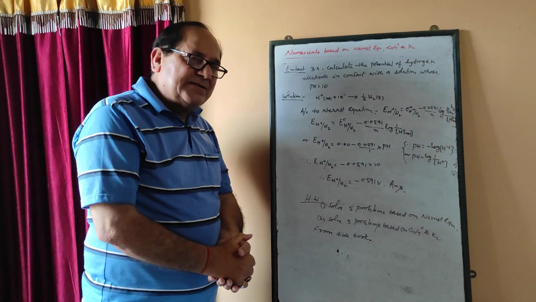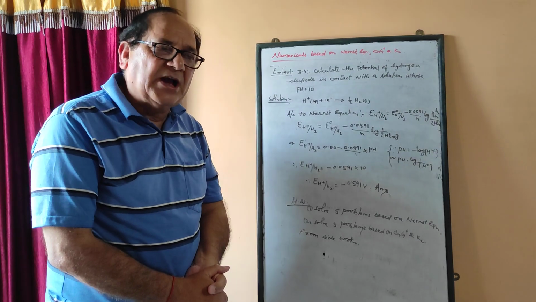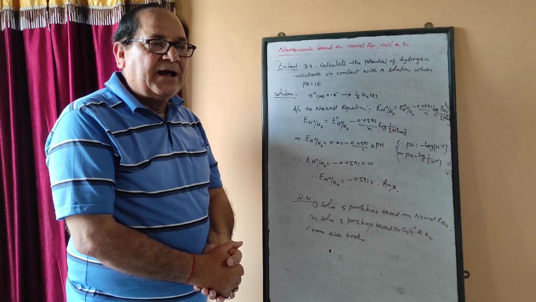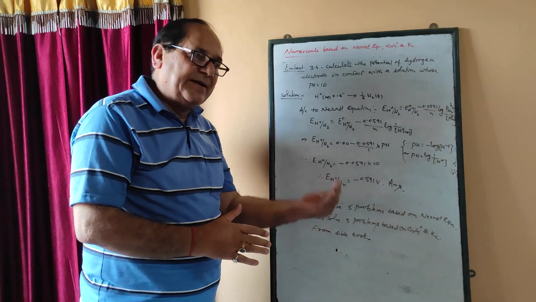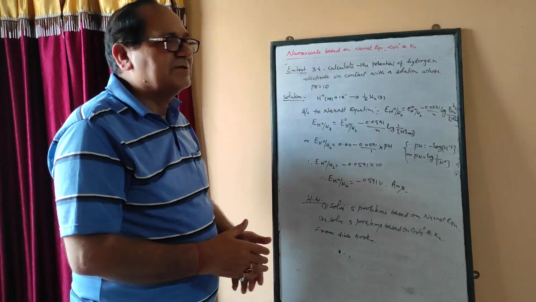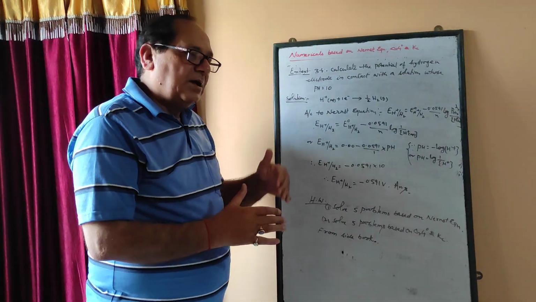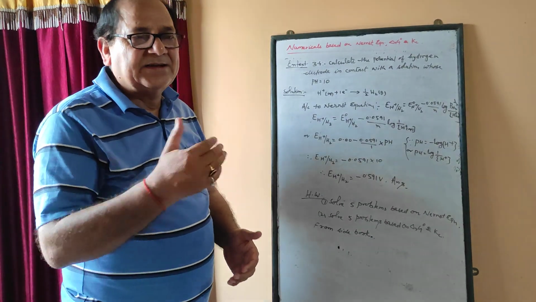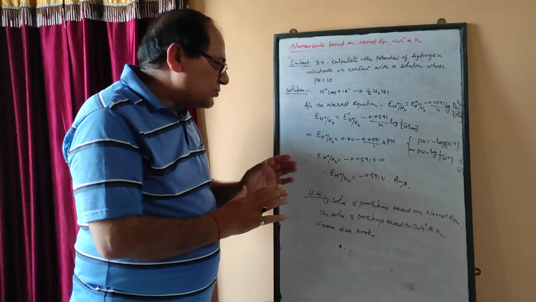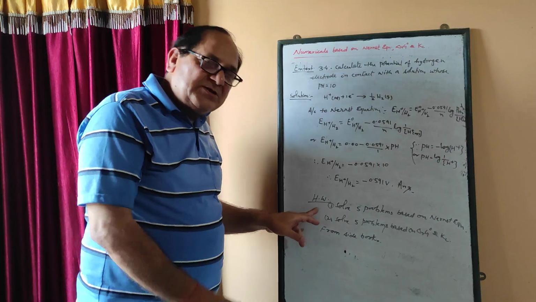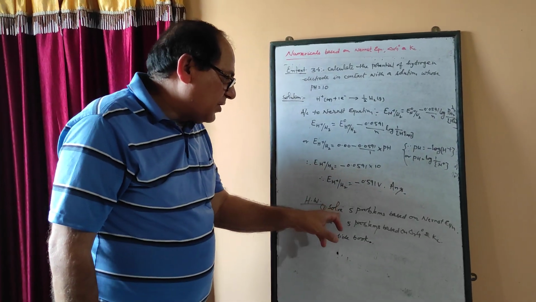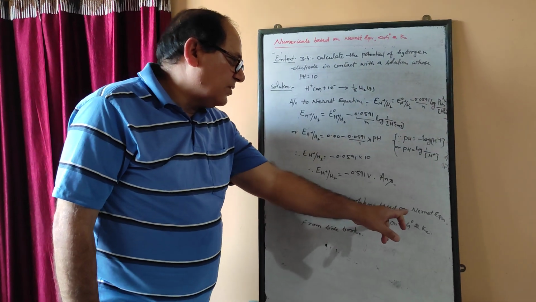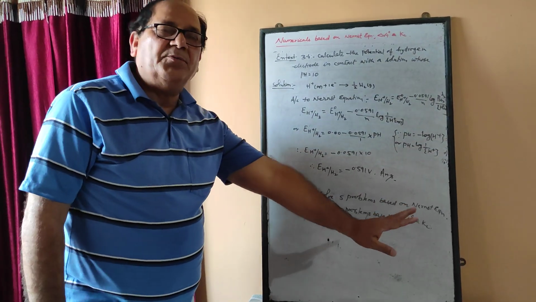In the previous class, I had given you an assignment, homework, as all the NCERT problems. In text questions, already 2 questions have been solved here, in text question and NCERT exercises question. So today's homework is, point 1, solve 5 problems based on the Nernst equation from your side book.